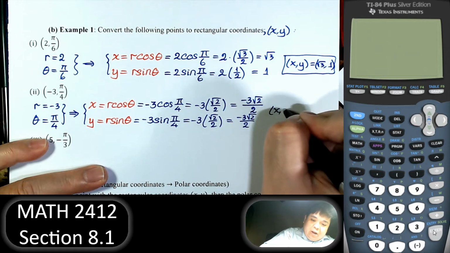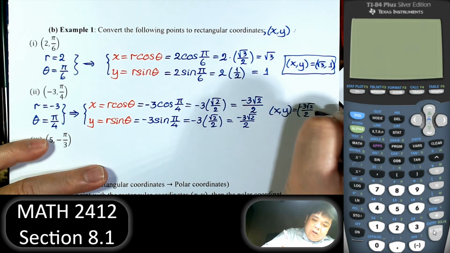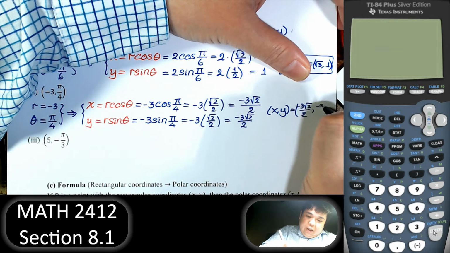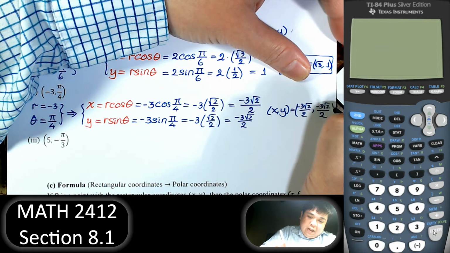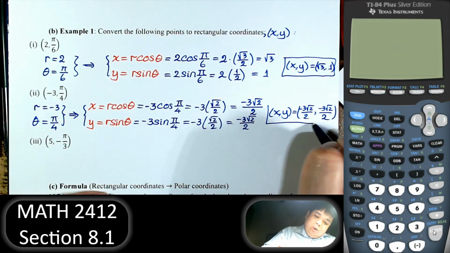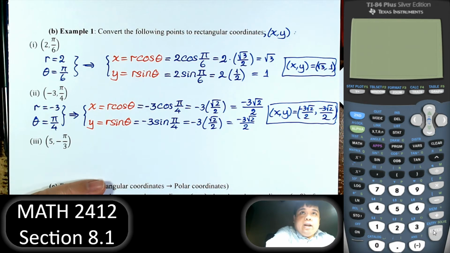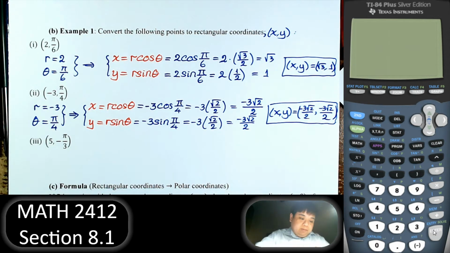So we have x y equal to -3 square root of 2 over 2 and -3 square root of 2 over 2. So that is the point in rectangular coordinates.